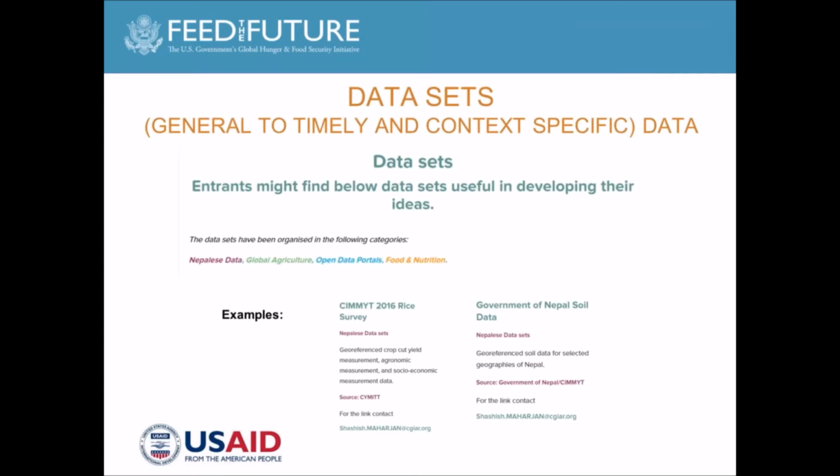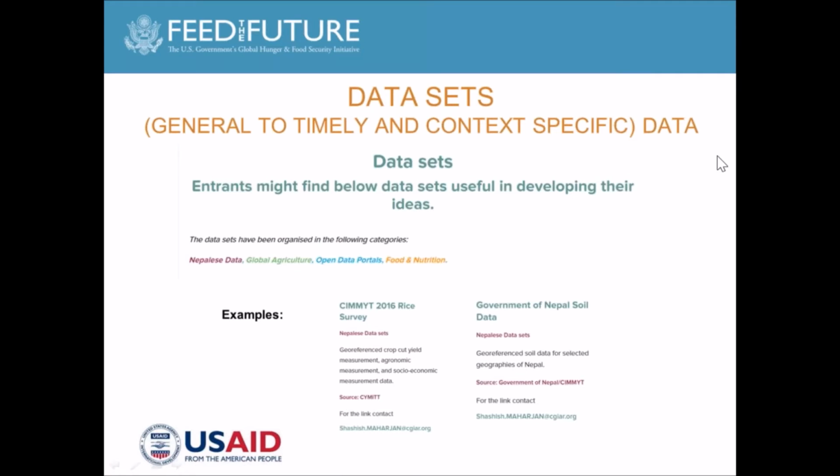Excellent. Okay, so one of the resources that CIMMYT is providing for the prize is access to several data sets. Hopefully these data sets can be used by anyone who's looking to develop their ideas, maybe as training data sets or even analytical data sets to think about some interesting analytics.